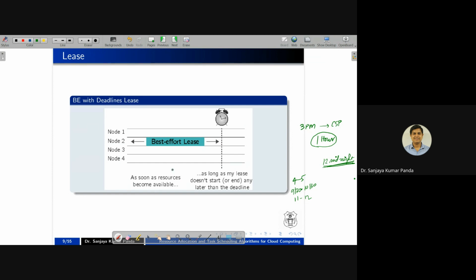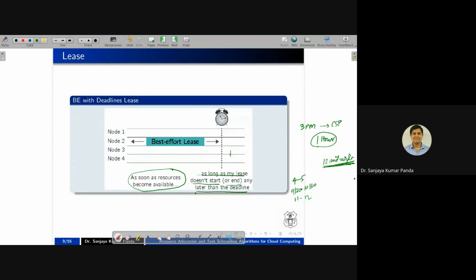So earlier we said, as soon as the resource becomes available. But now we are saying, as long as my lease does not start or end any later than the deadline. So you can specify that before 12 midnight it is going to complete, or before 12 midnight it has to start its execution.